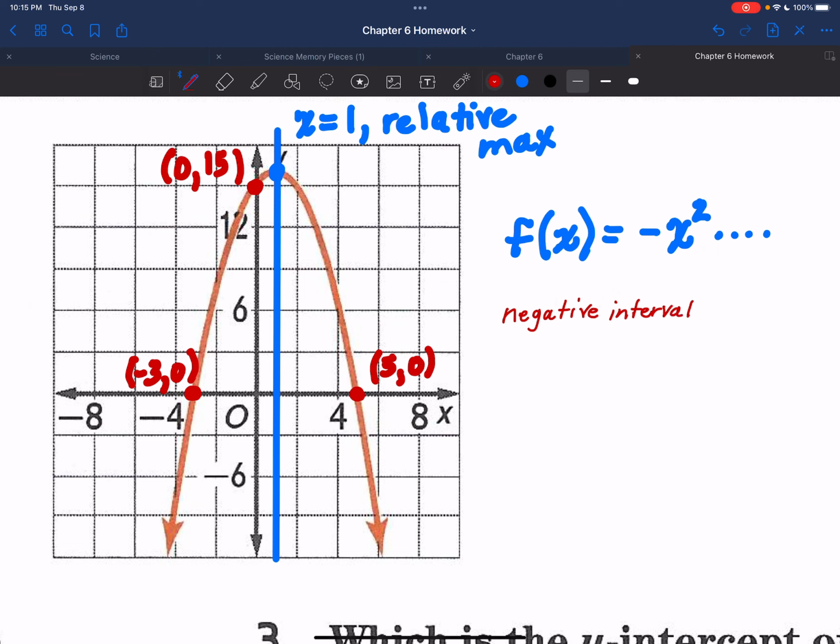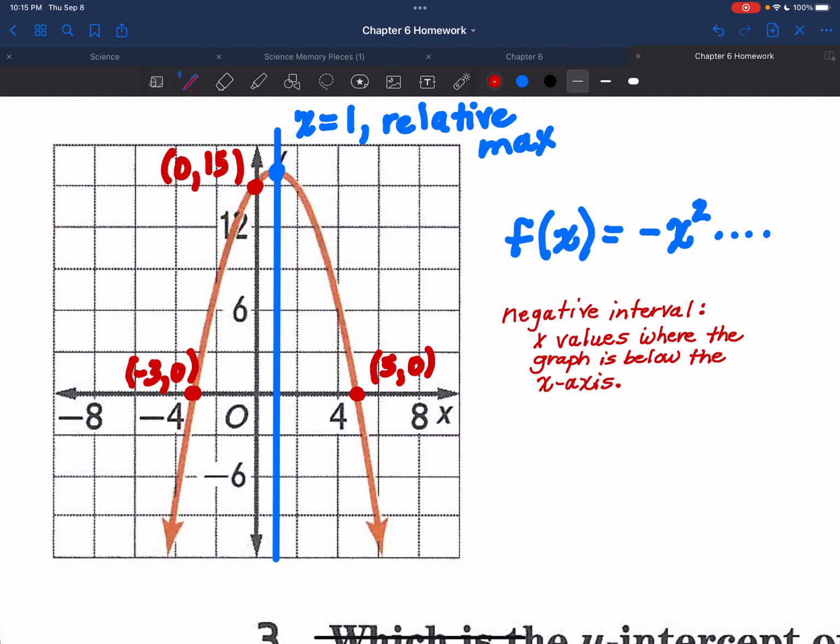So the negative interval are the x values where the graph is below the x-axis. This is why I get it mixed up, because I want to think of that as y's.